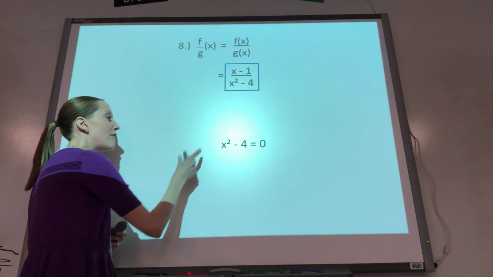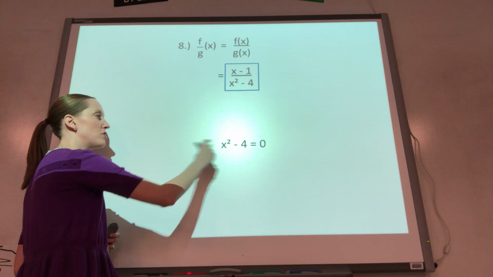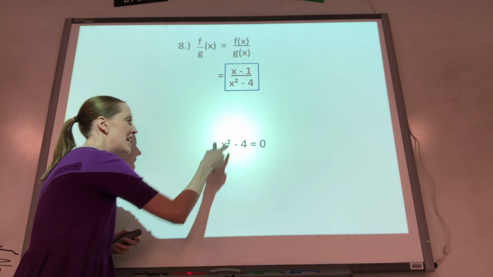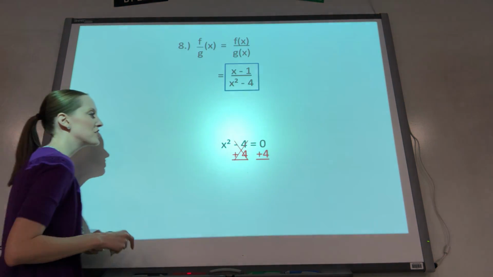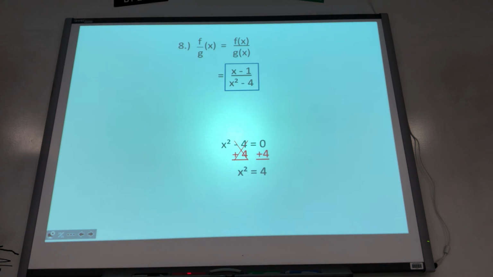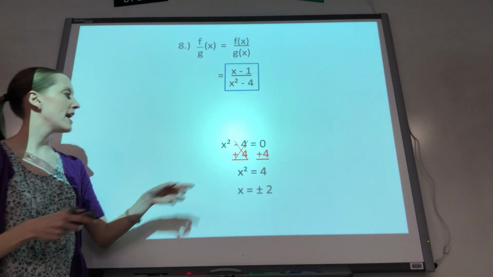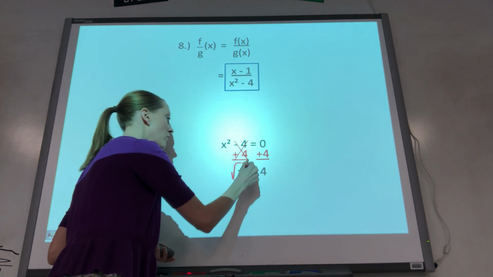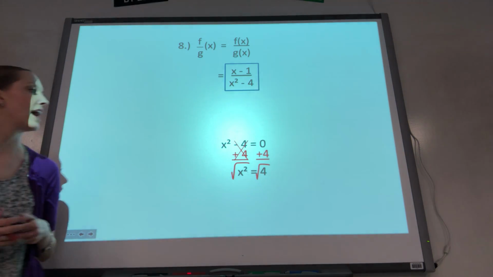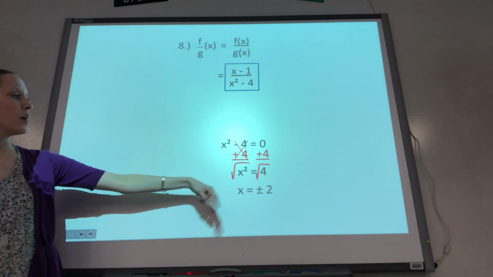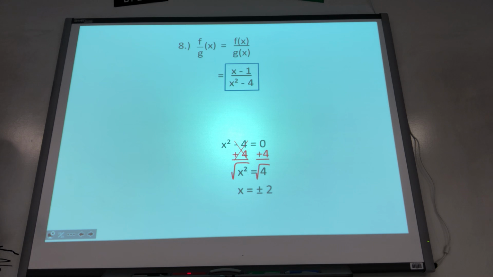You can factor that if you want using a difference of squares, or if you want to just add 4 to both sides and then square root both sides. We will have to put a plus or minus in front since we square rooted both sides.